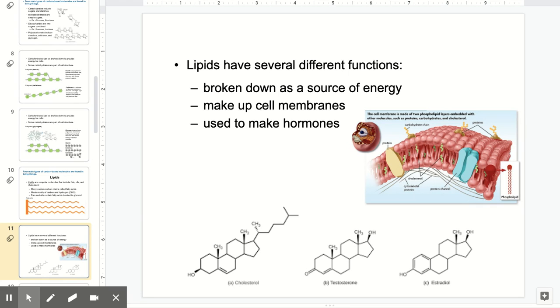They're used to make up cell membranes. So clearly all living things are made of cells. And it is the phospholipid bilayer here. The lipids are these little things in the middle that kind of look like tails. And then across the bottom, here I have some pictured hormones. So this is cholesterol, testosterone, and estradiol, estrogen.